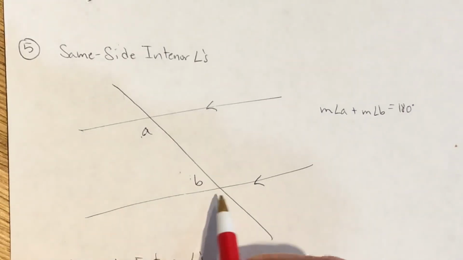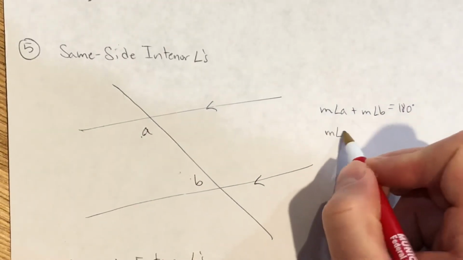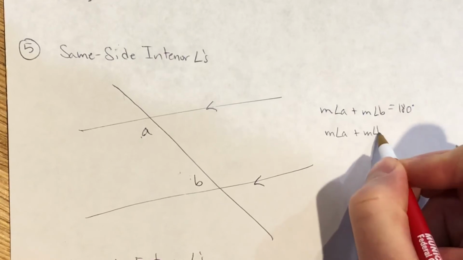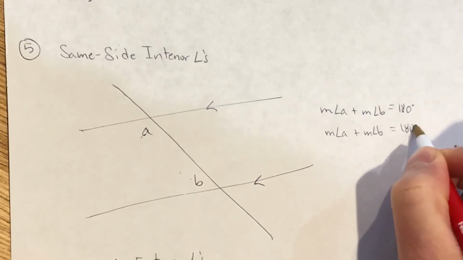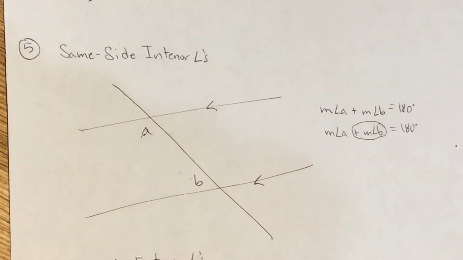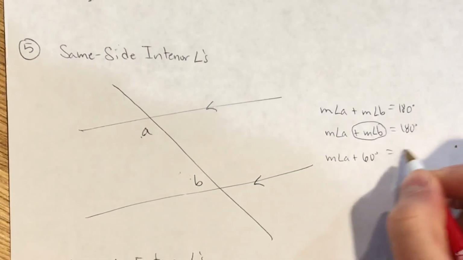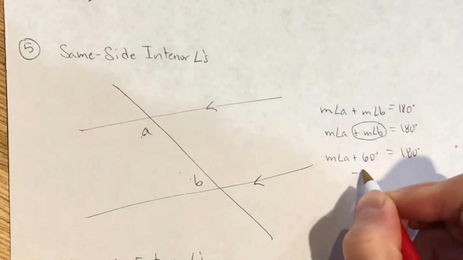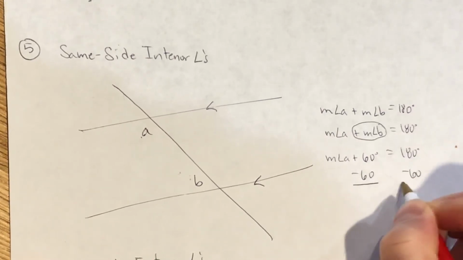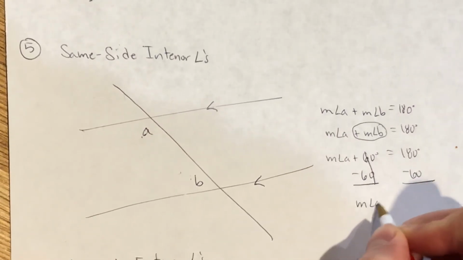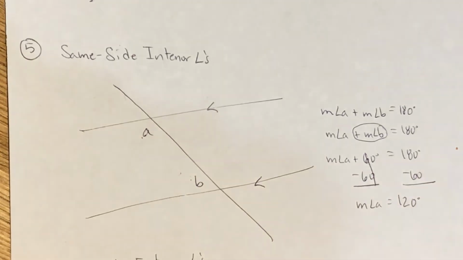So if angle B was 60 degrees, we could use that information to figure out angle A. The measure of angle A plus 60 degrees equals 180 degrees. Subtract 60 from both sides. So the measure of angle A equals 120 degrees.